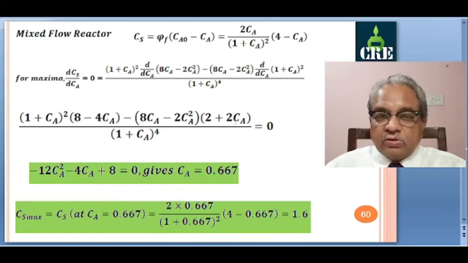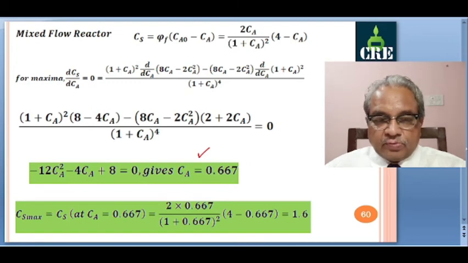And from this, if you solve, you get a quadratic equation. Minus 12CA square minus 4CA plus 8 is equal to 0. And from the solution of this quadratic equation, the significant root is 0.667. CS max at CA is equal to 0.667. So in this equation, you substitute this value 0.667 everywhere.